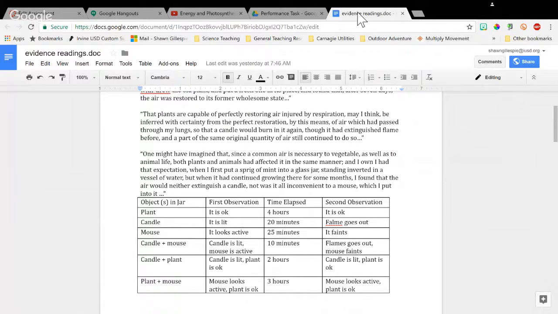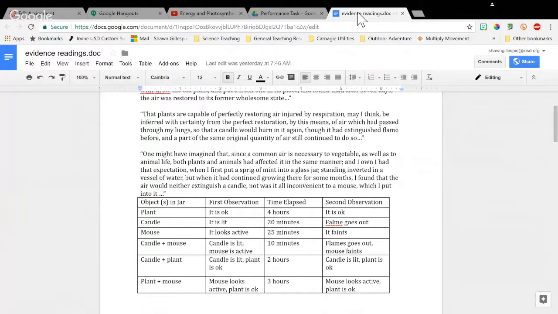And when the mouse was put underneath the jar by itself, after 25 minutes, it fainted, probably because it ran out of oxygen. Then we see that even more quickly, the candle and the mouse together consume the oxygen even faster. And so they both only lasted 10 minutes together. But when we put the candle and the plant together, we saw that after 2 hours, the candle was still lit.